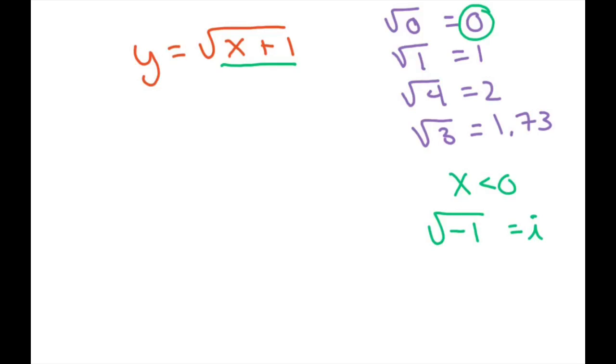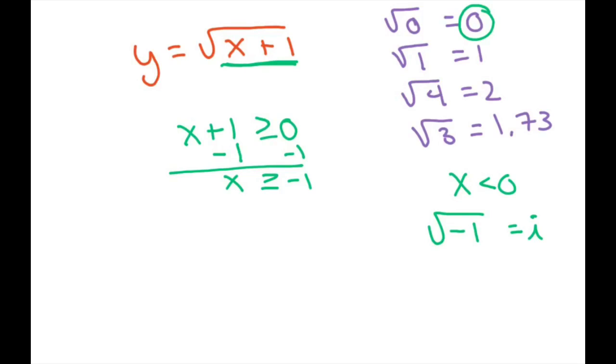It can equal 0, but it has to be positive. So what I'm going to do is set this to be greater than or equal to 0. I subtract 1 from both sides, and I get x must be greater than or equal to negative 1. So that's your domain. All right?